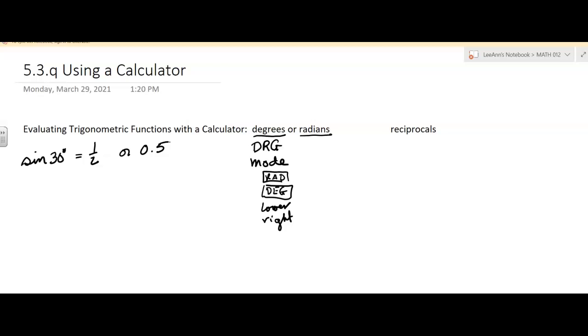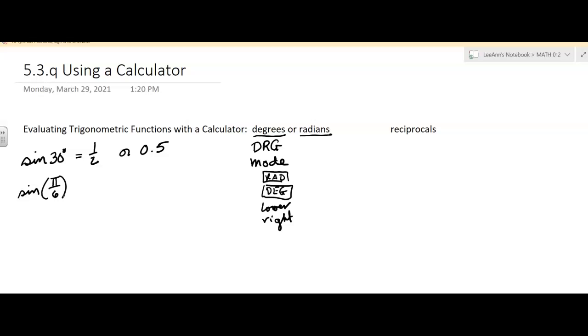Cool. All right. Now we're going to switch to radians. So we're going to find the sine of pi over 6. I know we had an earlier problem in another video where we used a calculator, and I just put a note in there because I kind of forgot to make sure about degrees and radians.